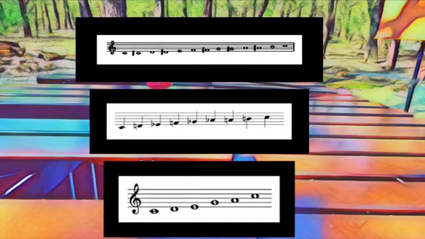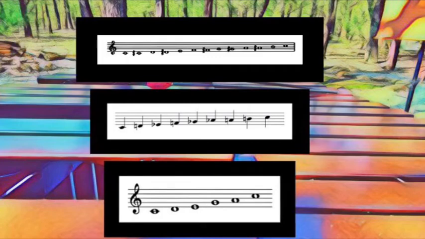Our next slide, which is the examples, as you can see with the chromatic scale, which has 12 notes within the octave, you see a C, C sharp, D, D sharp, E, F, F sharp, G, G sharp, A, A sharp, B, and C. And each one of those, again, is separated by a half step.